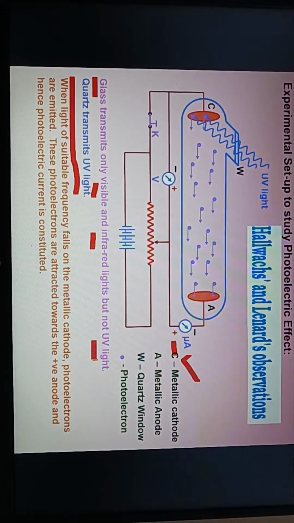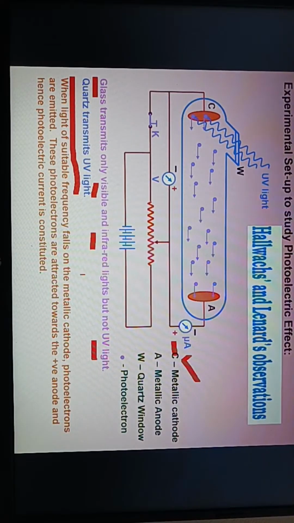These photoelectrons are attracted towards the positive anode, hence photoelectric current is constituted. Glass does not allow it. You can see this sentence also: glass transmits only visible light and infrared light, but not ultraviolet light. One objective type question comes from this. I think you might have heard it in your school, college.